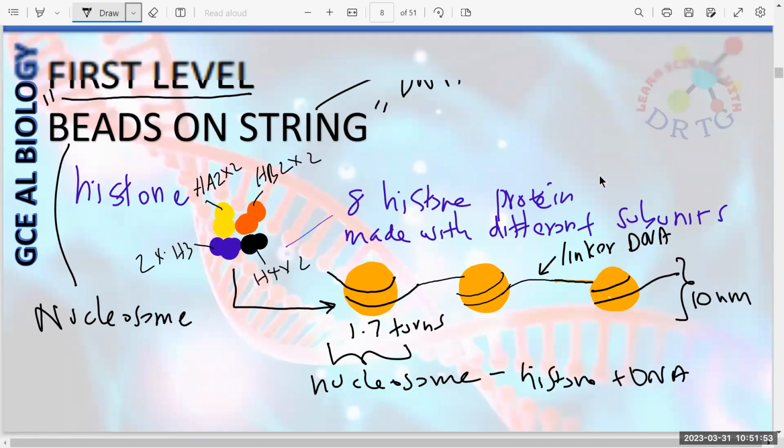So this is the first level of DNA packaging. Beads on string, 10 nanometer long nucleosome molecules. Okay, now we are going to the second level.